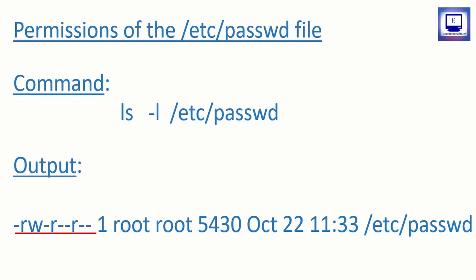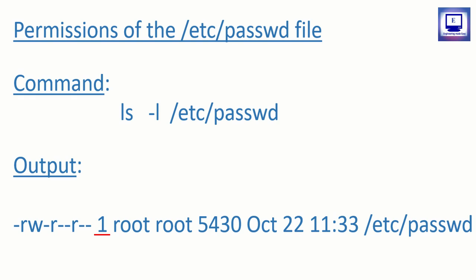So the file can be viewed by all the users. The modification in the file can be done only by the super user or the root user who has the administrative privileges.